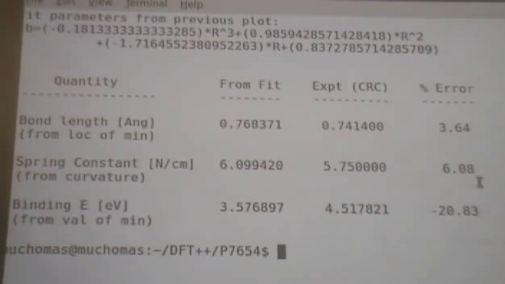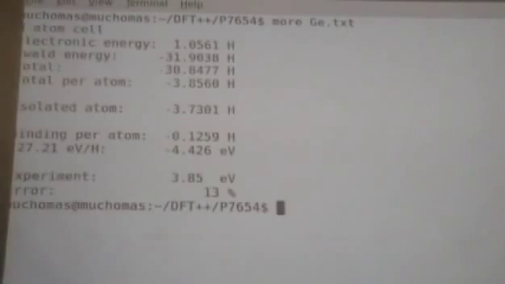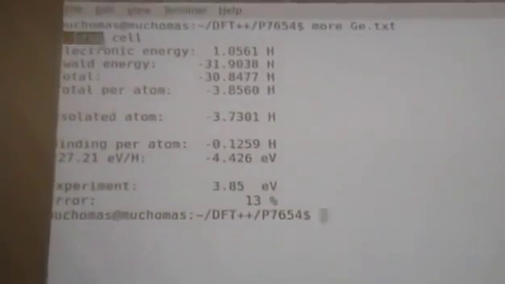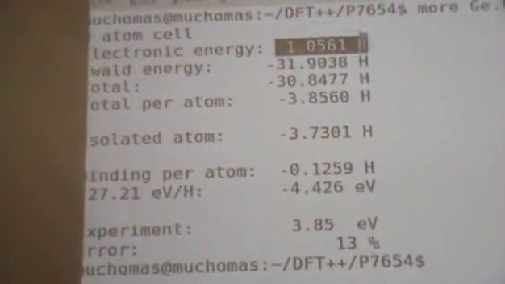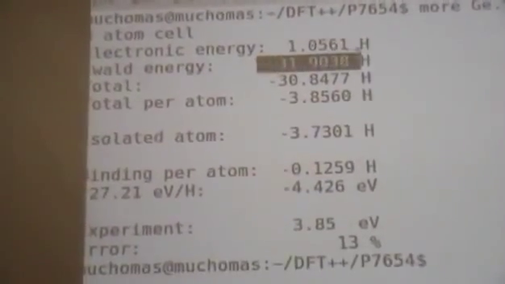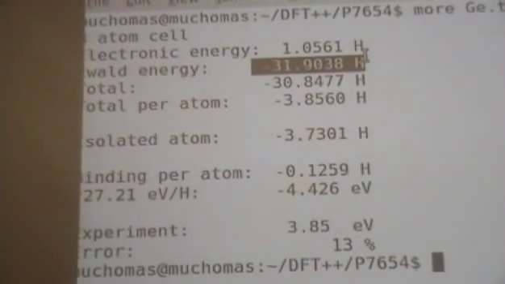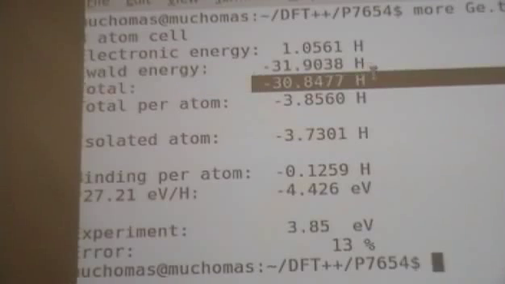Okay. Last assignment then would be the germanium crystal. So let's see what you'll get for the germanium crystal. You can calculate the cohesive energy off the assignment. This is just a sketch of the calculation. Basically, you calculate an electronic energy, the Ewald energy, for a cube containing 8 atoms. So this is the total electronic energy of those 8 germanium atoms.